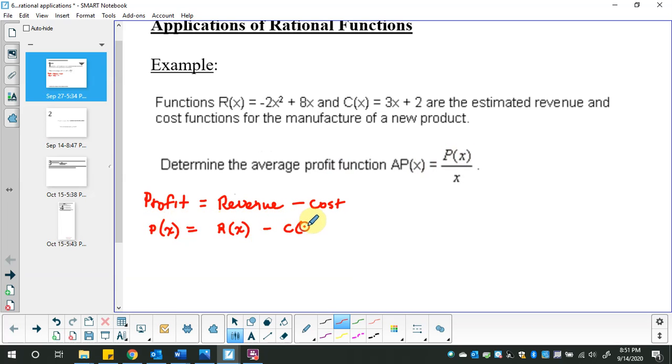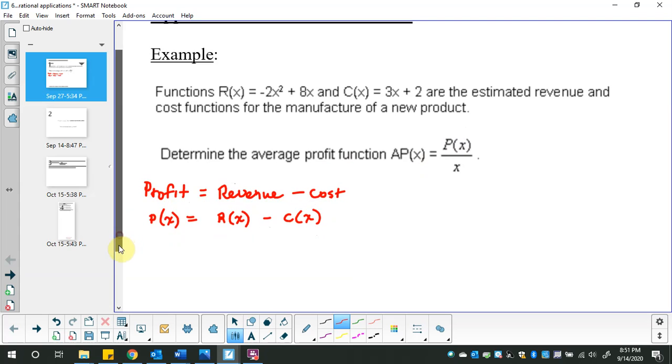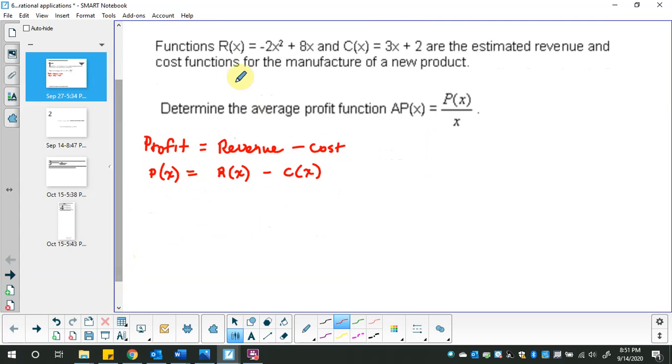minus C at x. So I'm going to take all the little bits and pieces from this opening statement, and I'm going to create a formula for P at x. So R at x is negative 2x squared plus 8x, and then we minus C at x is 3x plus 2. And that is actually incorrect, because we're minusing all of this 3x plus 2, so you need to put brackets on that.